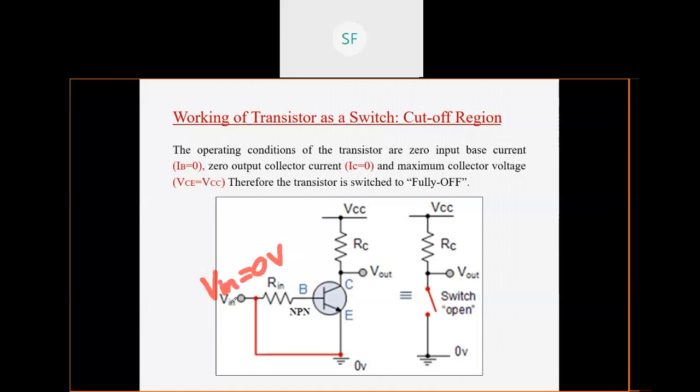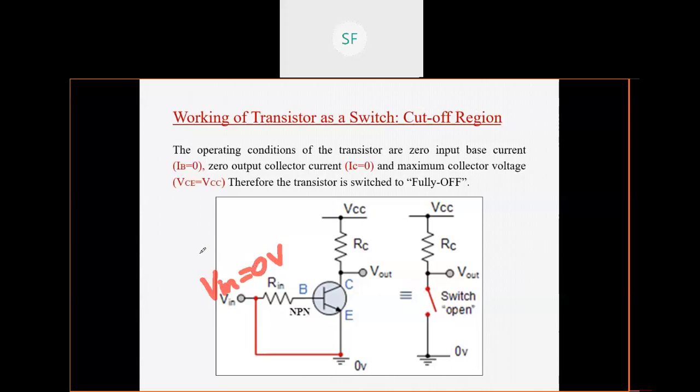Okay, so now what happens when Vin equals 0 volt? Since there is no voltage here, no current will flow into the base, right? This is common sense. Your Vin is 0, that means there is no voltage. Voltage divided by whatever your resistance is, if there is no voltage, where will the current come from?